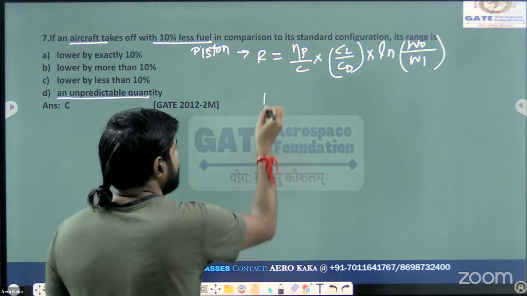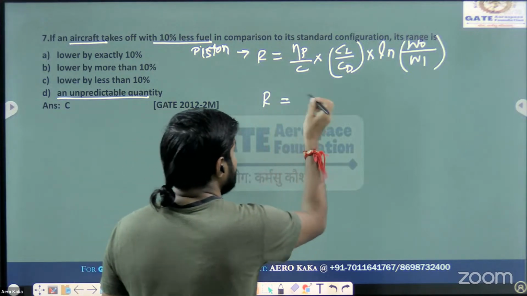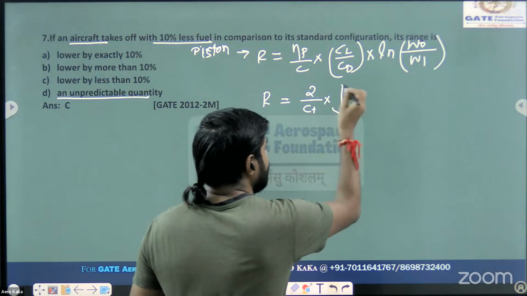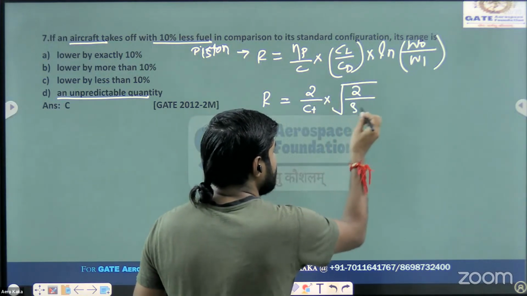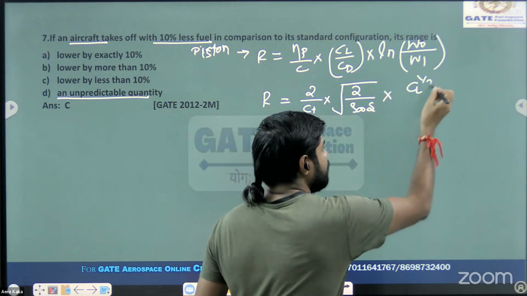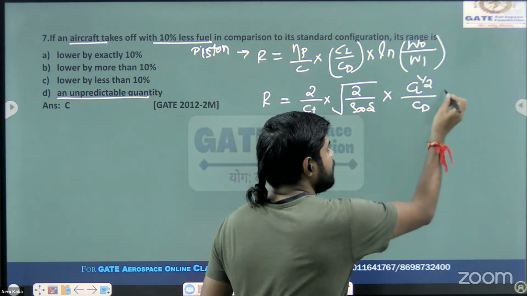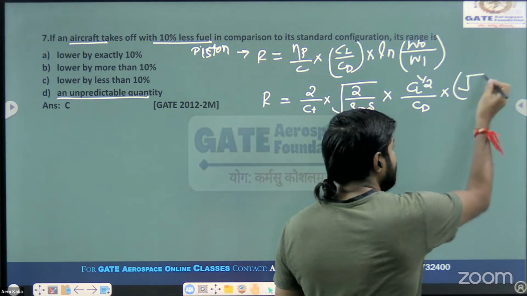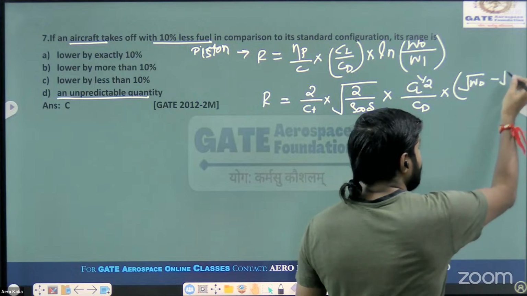Then for jet engine aircraft, R is equal to 2 upon CT into root of 2 upon rho infinity into S into CL raised power 1 by 2 upon CD into root of W naught minus root of W1.